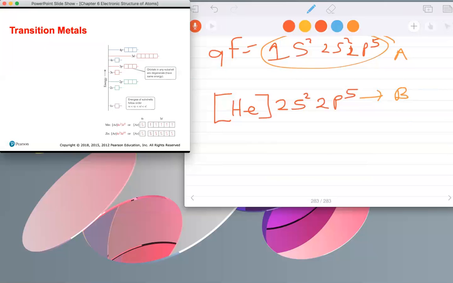Transition metals, we just talk about the periodic table being main group elements. There's the D block, breaking down into the transition metals. These are the D block elements, where the subshell being filled is the D. If you look at the arrangement of subshells here, these are degenerate orbitals.